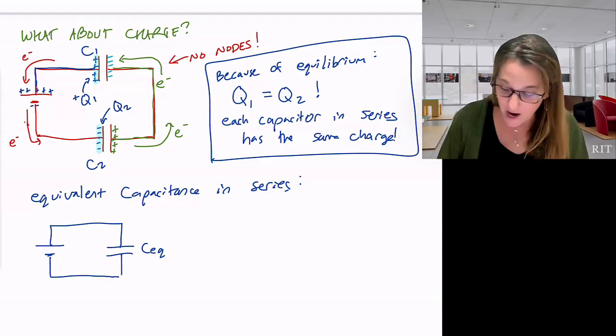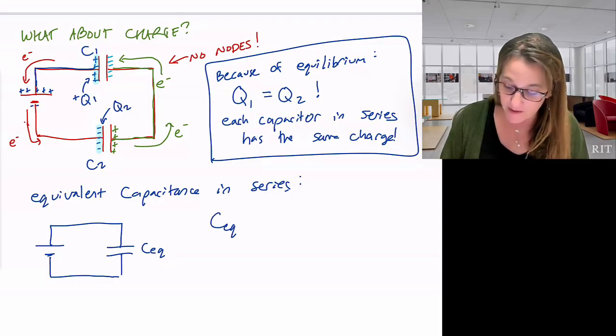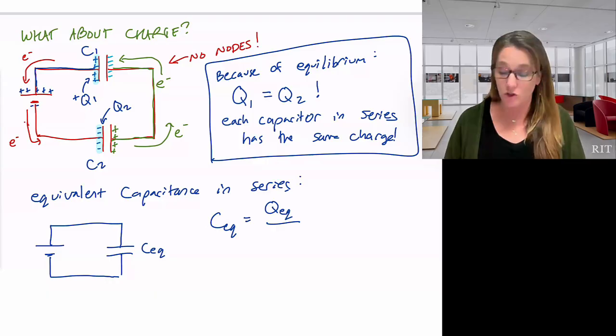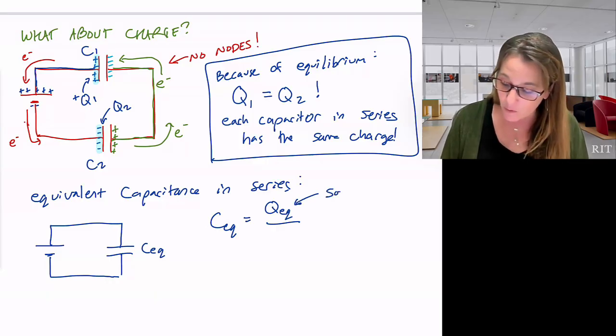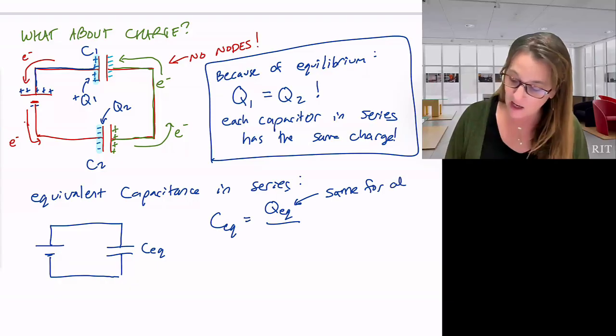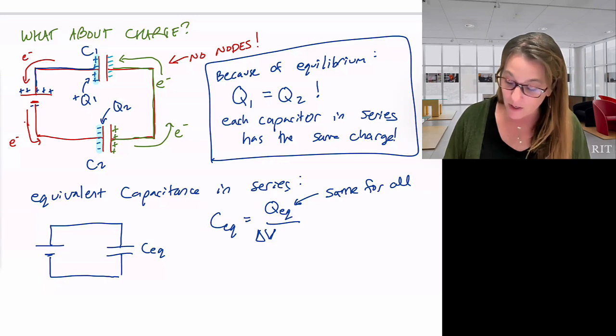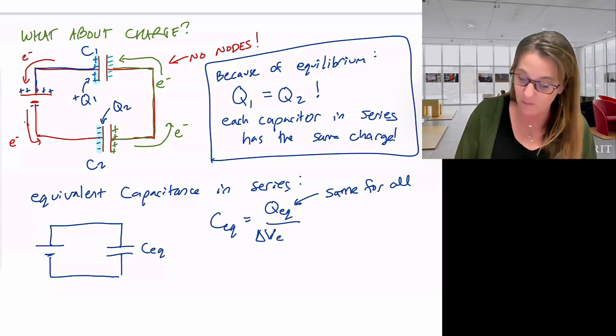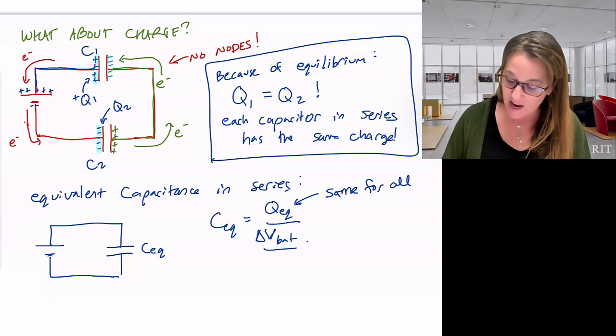And we want the equivalent capacitance to be equal to the equivalent charge that's stored, which is now what's the same for all, over my voltage, my delta V equivalent, which is the delta V of the battery. And this is what adds.